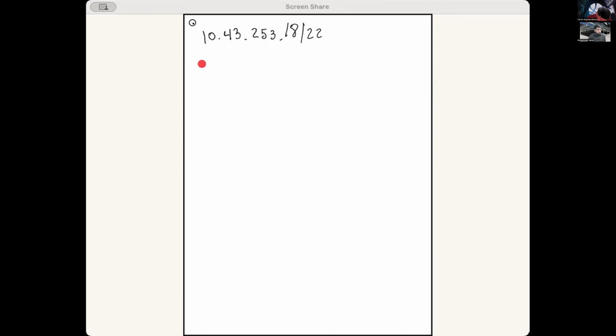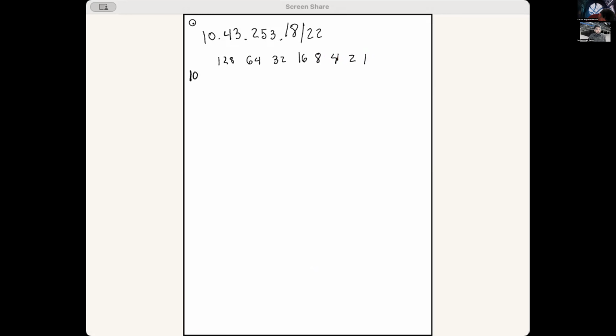Okay, per usual, so we'll start off with 128. I'm going to move them a little bit more to the right so I can fit 128, followed by 64, then 32, then 16, then 8, 4, 2, 1.